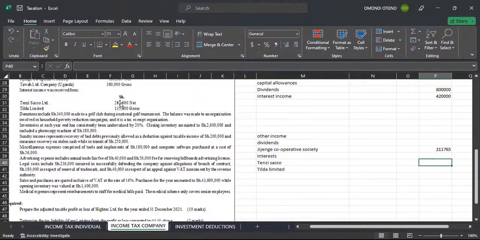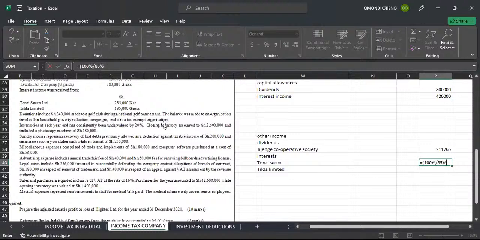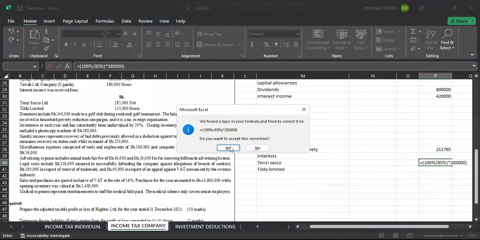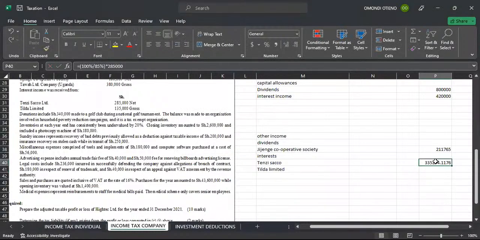If 85% is equal to this, 100% will be what? 335,294 is equal to 100% divided by 85%, then we multiply by 285,000. If you multiply, that's what we are getting.